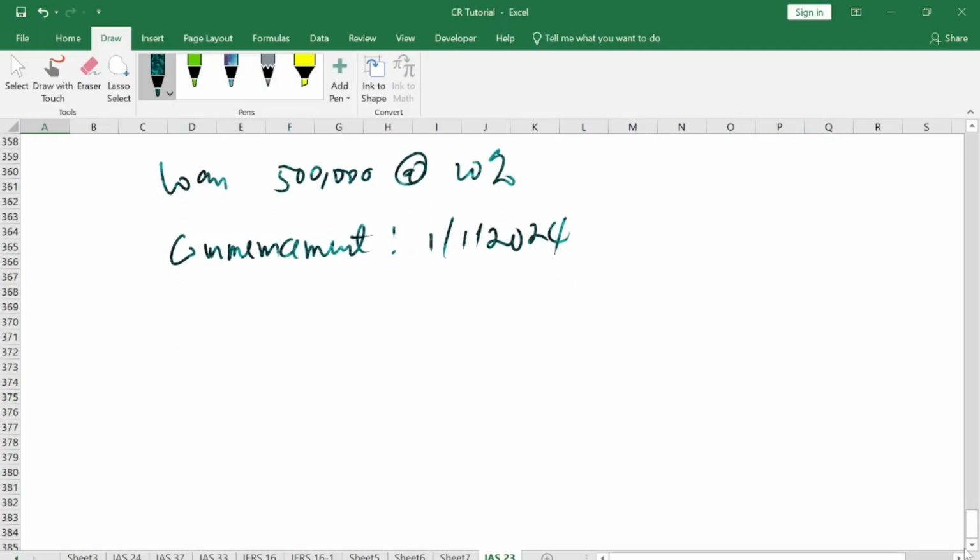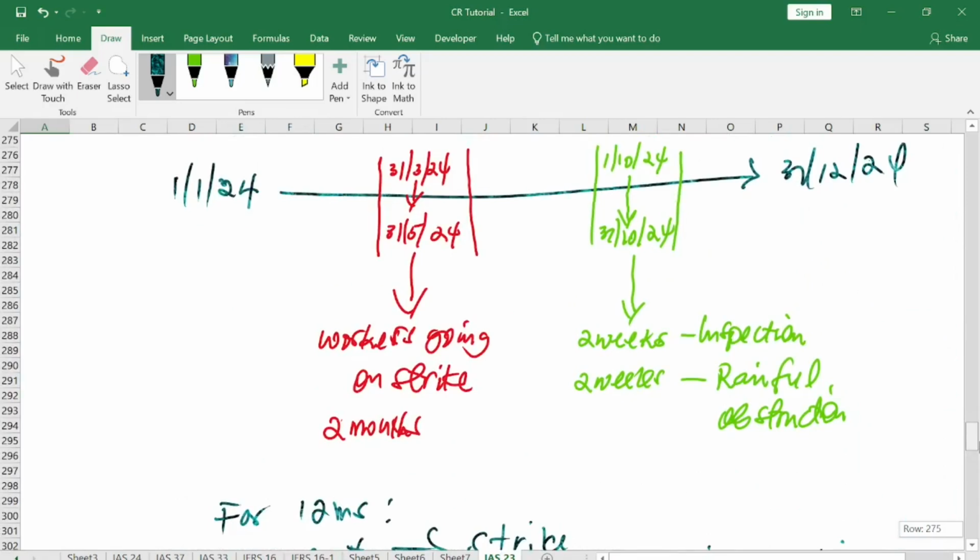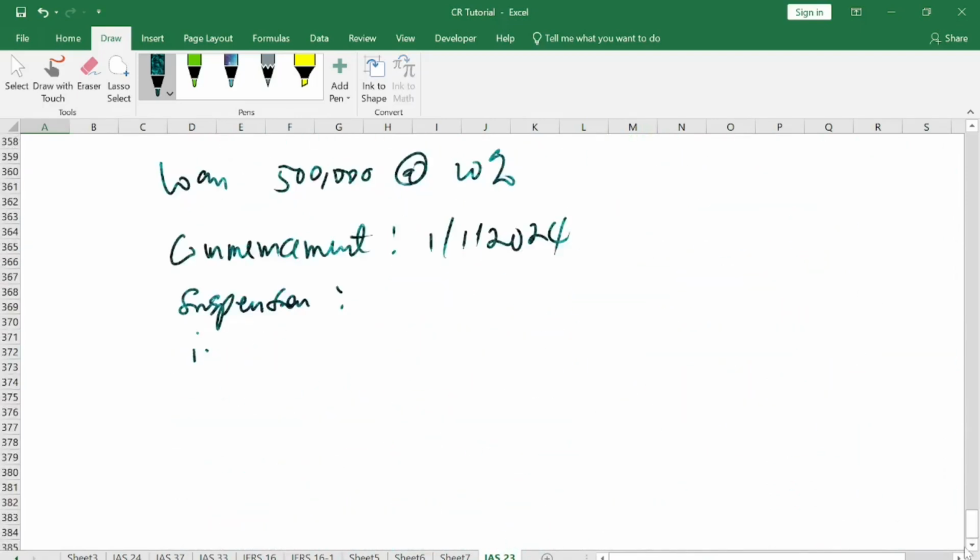The first suspension is strike, which happens from 31st March 2024 to 31st May 2024. And then the second suspension is what?